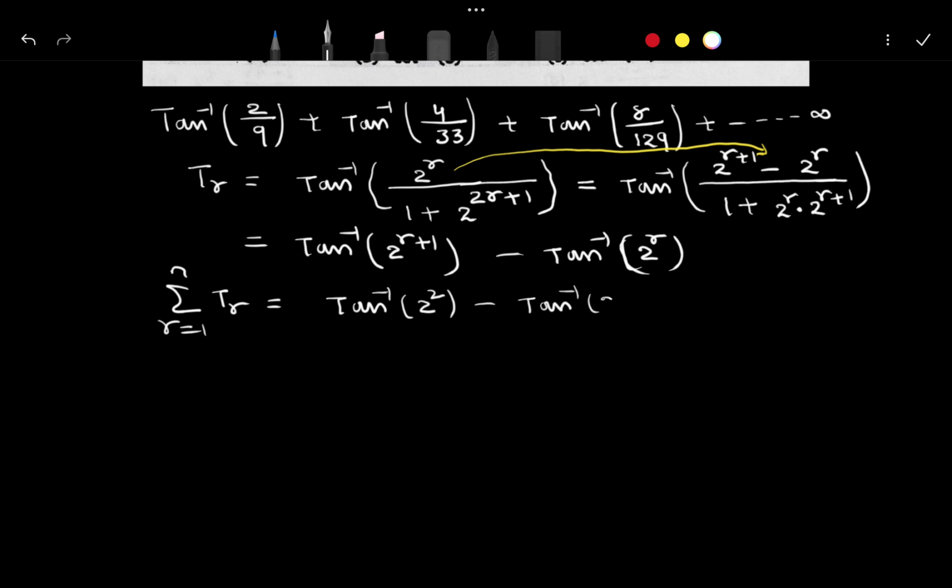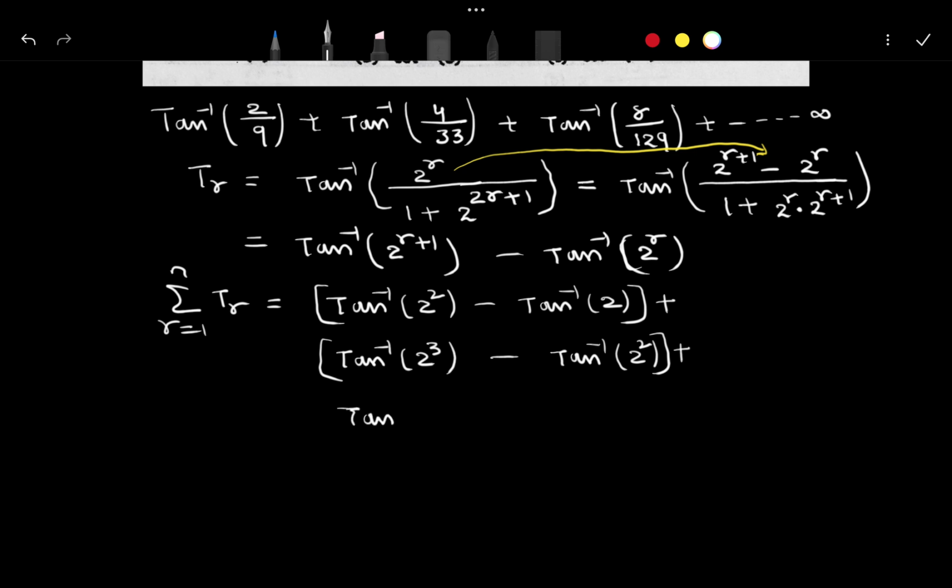Plus for r equals 2, that will be tan inverse of 2 power 3 minus tan inverse of 2 square. Plus the third term, r equals 3, that is tan inverse of 2 power 4 minus tan inverse of 2 power 3, right?